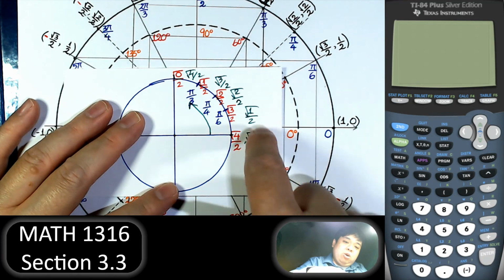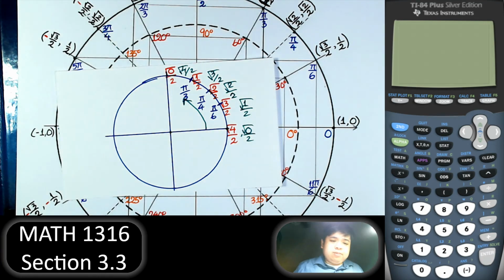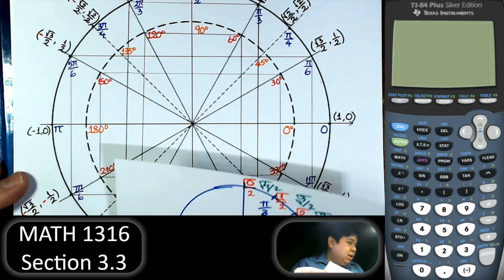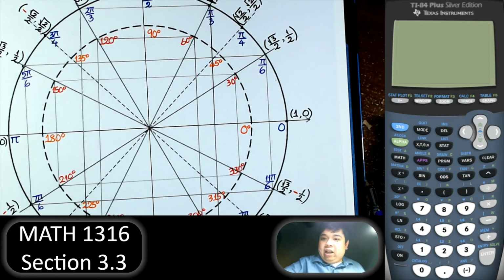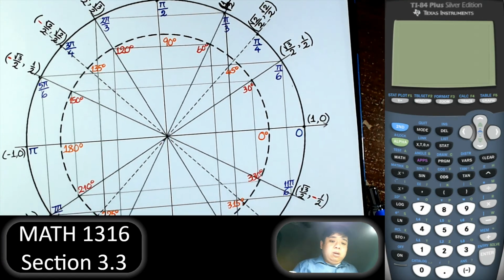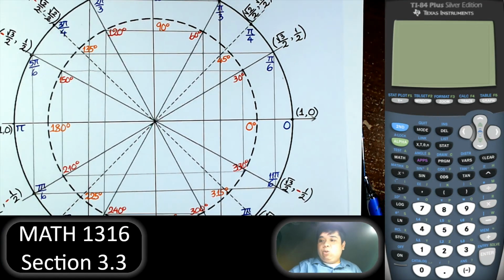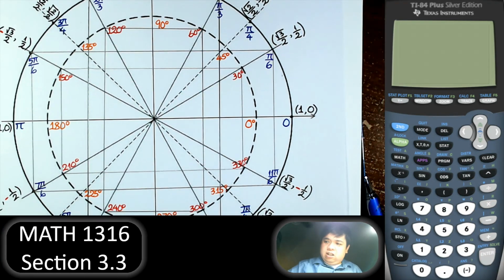That's why I have 0, 1, 2, 3, 4, and then 4, 3, 2, 1, 0. That's how I studied back when I was in high school. Of course, now we have the hand trick, but you can use that also.